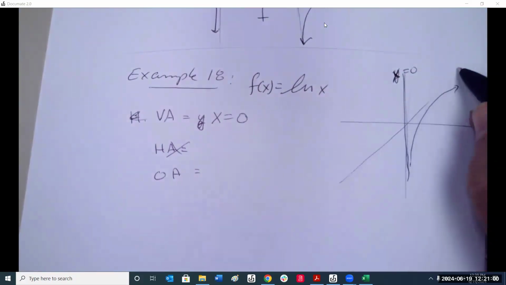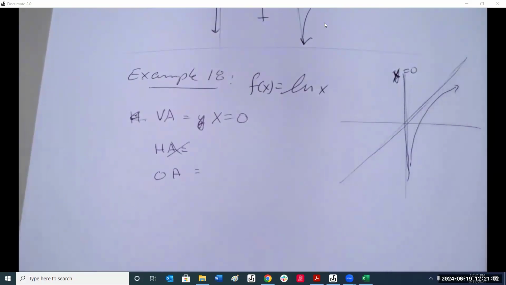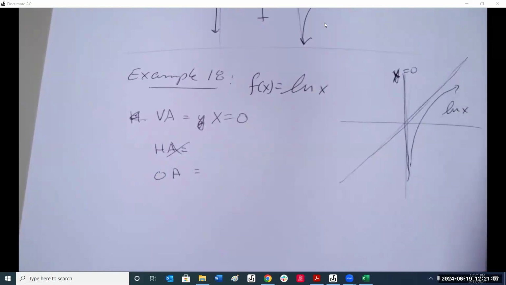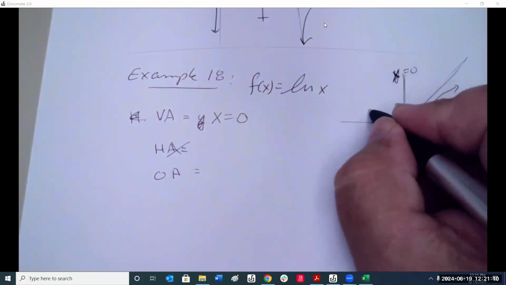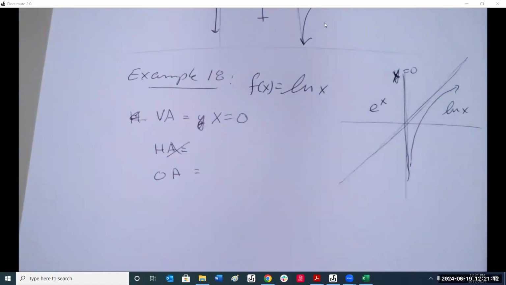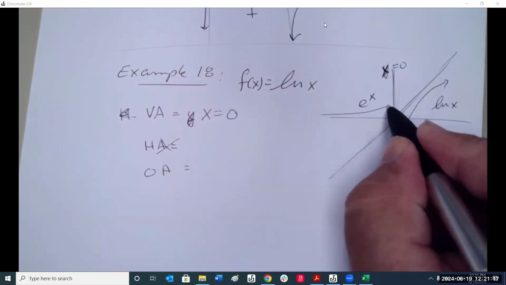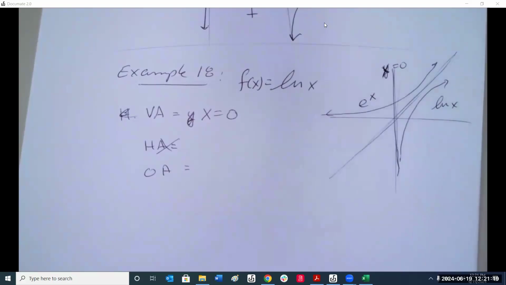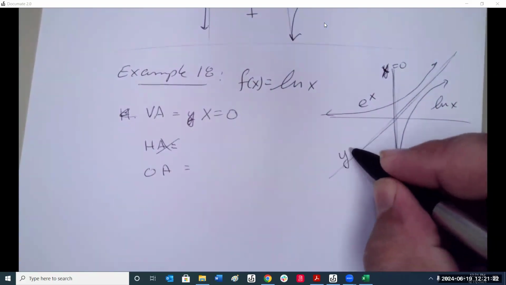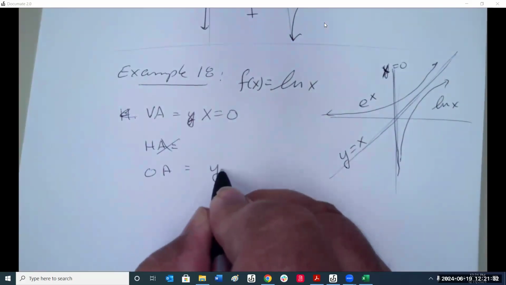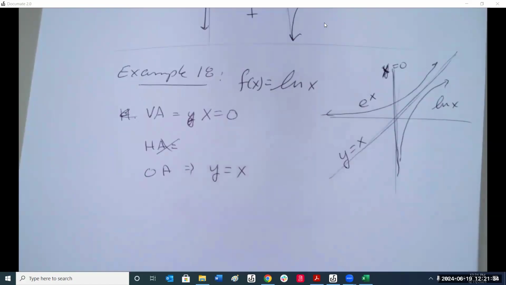Because remember, the ln function is the inverse of the exponential function, and that graph looks like this. All inverse functions are symmetric about the line y equals x. So the oblique asymptote is the line y equals x.